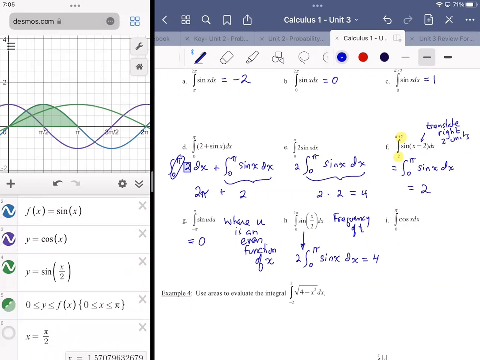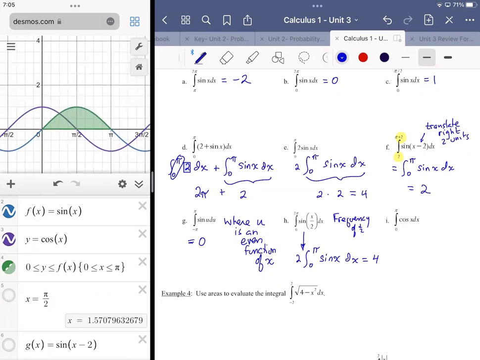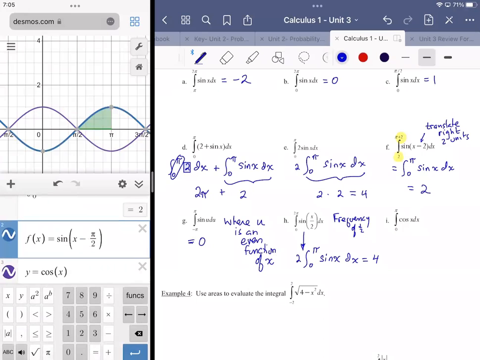Now it gets pretty messy here, but if you look closely, you might remember this. A cosine function is just a shifted version of a sine function. If I take the sine function and shift it over by pi over 2 units, subtracting a pi over 2 shifts it to the right, but adding a pi over 2 shifts it over to the left.